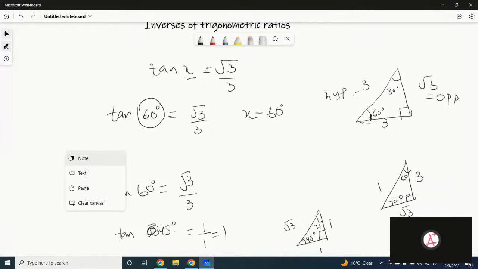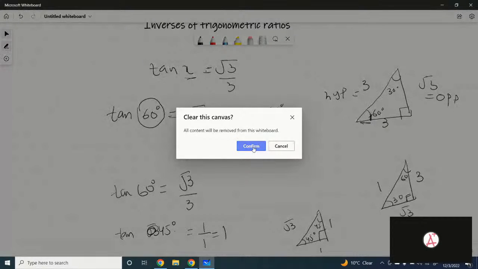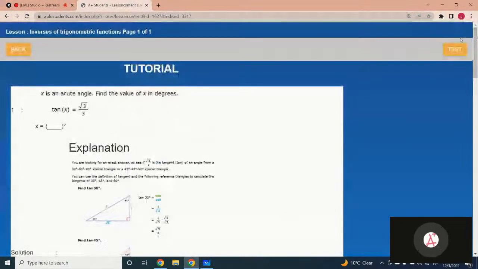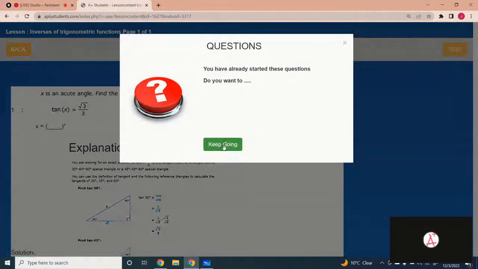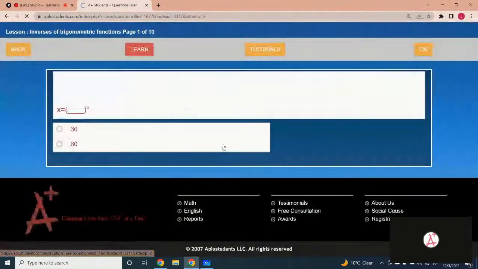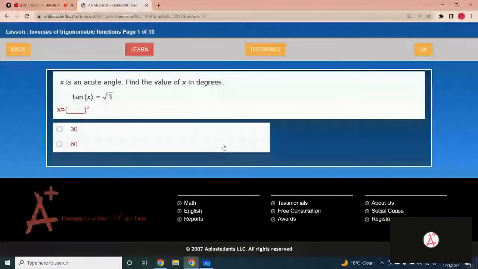Okay, let's start with the next example. Let's start with the test question. Okay, x is an acute angle.